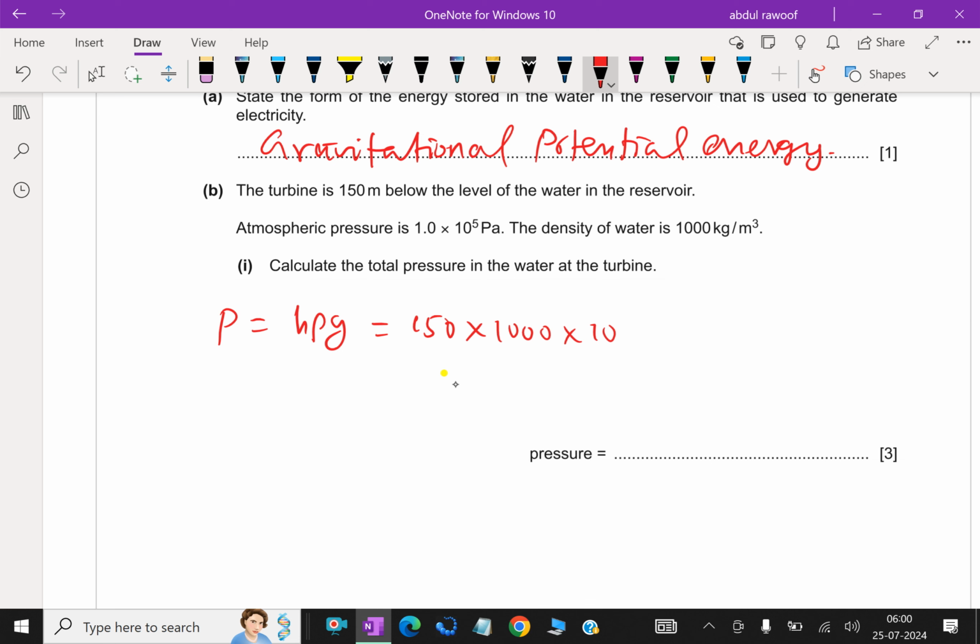So this gives 1.5 into 10 power 6 Newton per meter square. Therefore, pressure is 1.5 into 10 power 6 Newton per meter square.